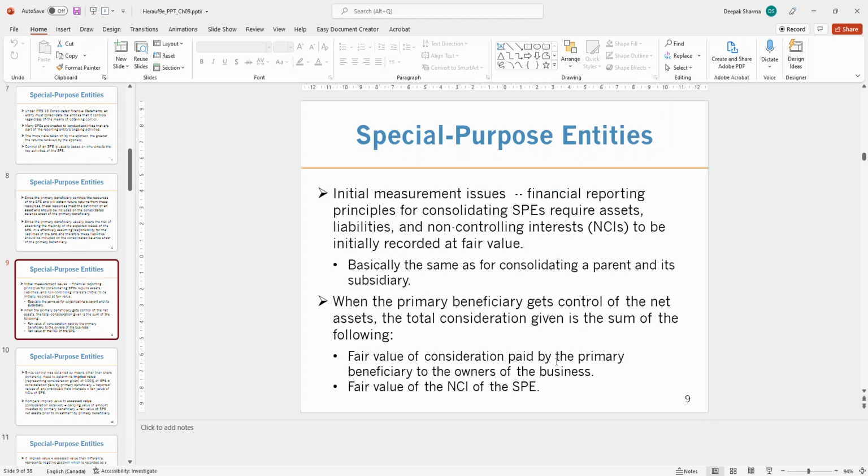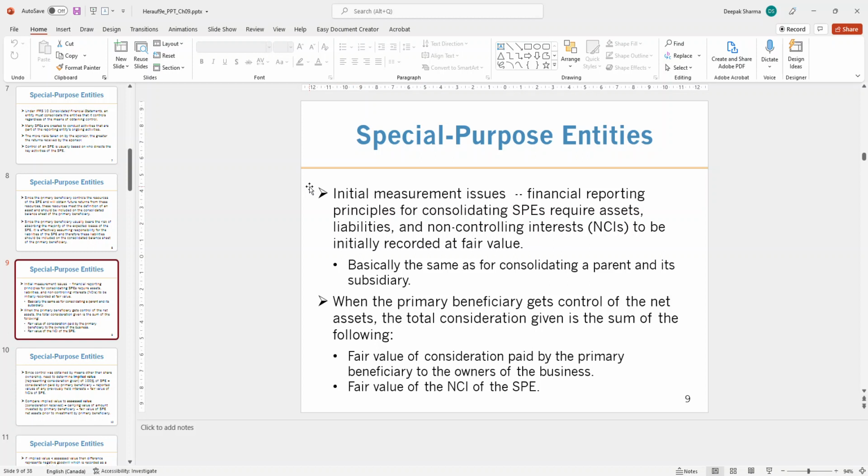If a non-controlling interest exists, then at the time of the measurement, you have to determine what the fair market value of the company is, and that is determined based on the assets and liabilities of the SPE, and then you also look at the fair market value of the NCI at the time of the control, or at the time when you are building that relationship.